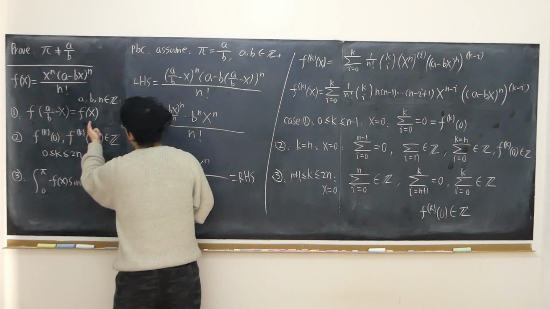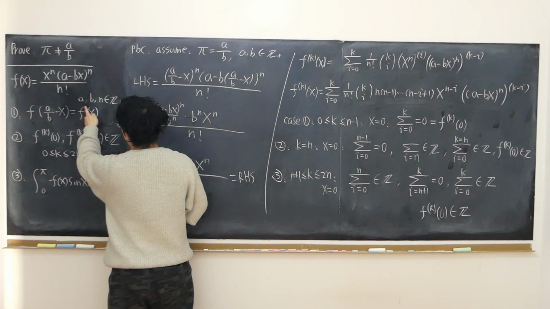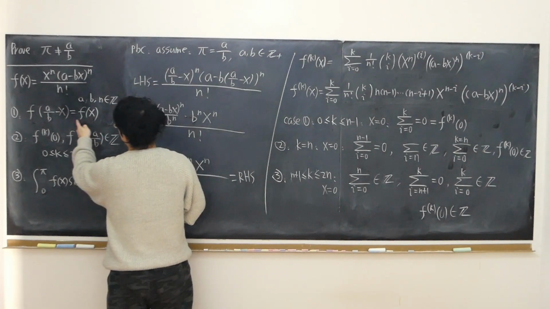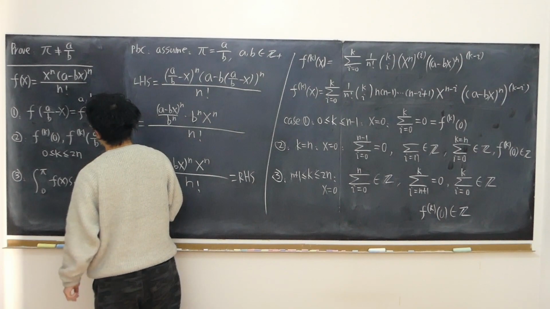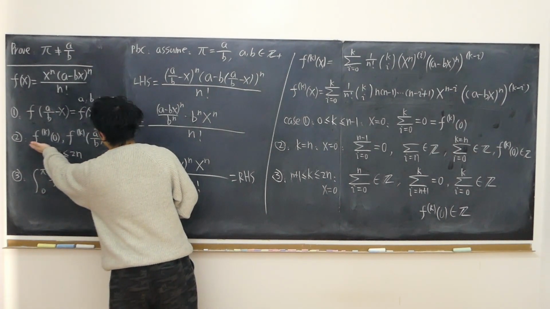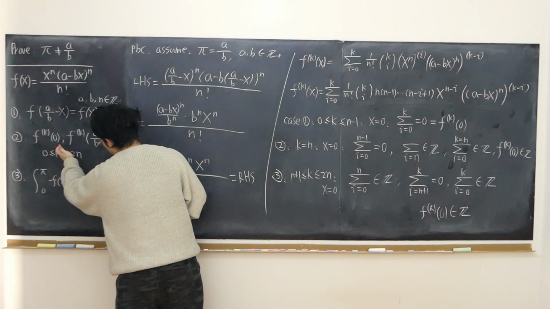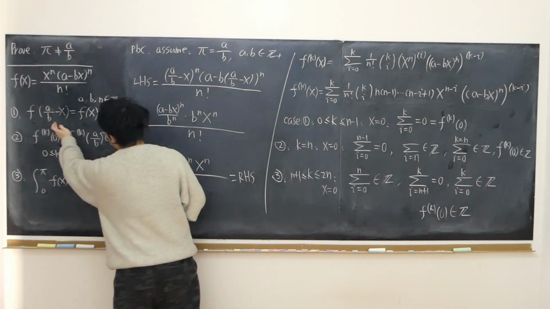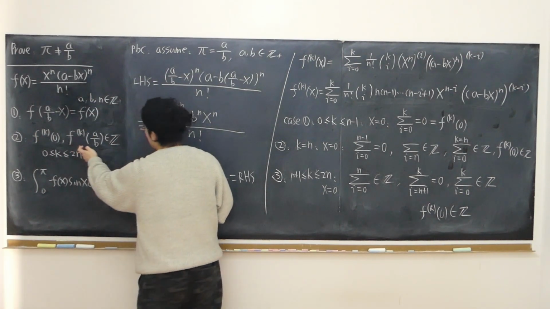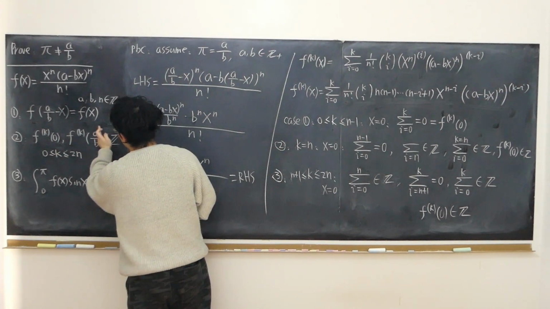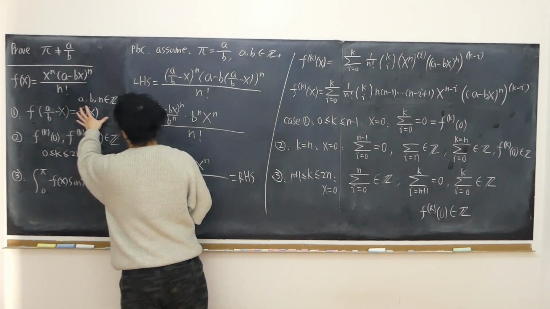And after that, we just replace x with 0. So in the end, we have the kth order derivative at 0 is equal to the kth order derivative at a over b. Right? So I've shown that the kth order derivative at 0 is some integer. And this is equal to that, deriving from this. So in other words, the kth order derivative at a over b is also some integer. So this is proven and this is proven.